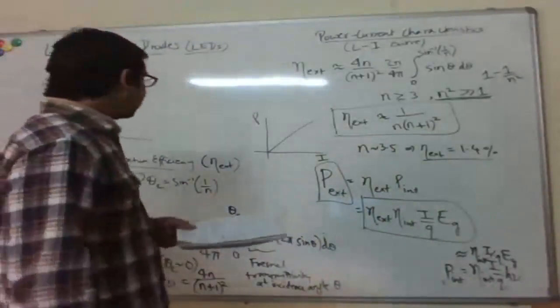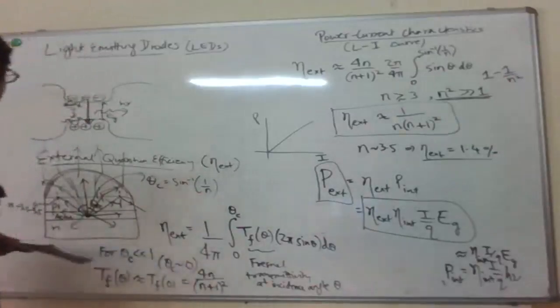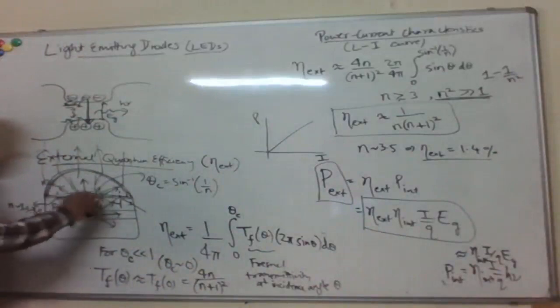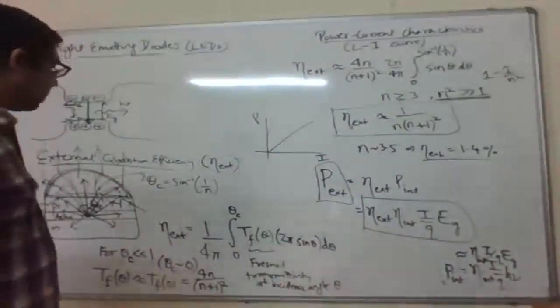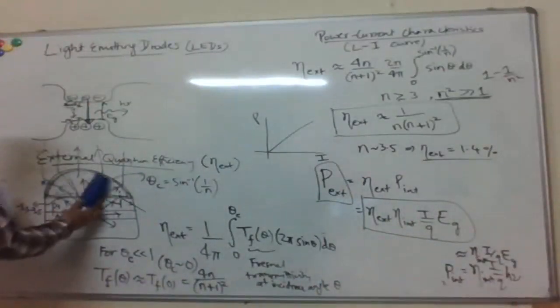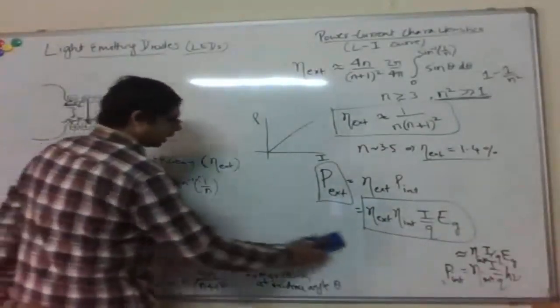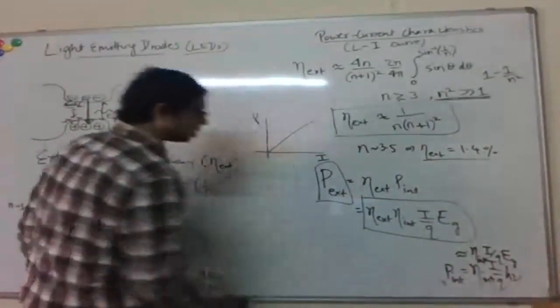Okay, and not only that, even if you don't try to do something fancy like having a ball lens on top, the light which is coming out is not all coming out parallel, right? So there is some small spread of angles. So this acts as what is known as a Lambertian source, right?